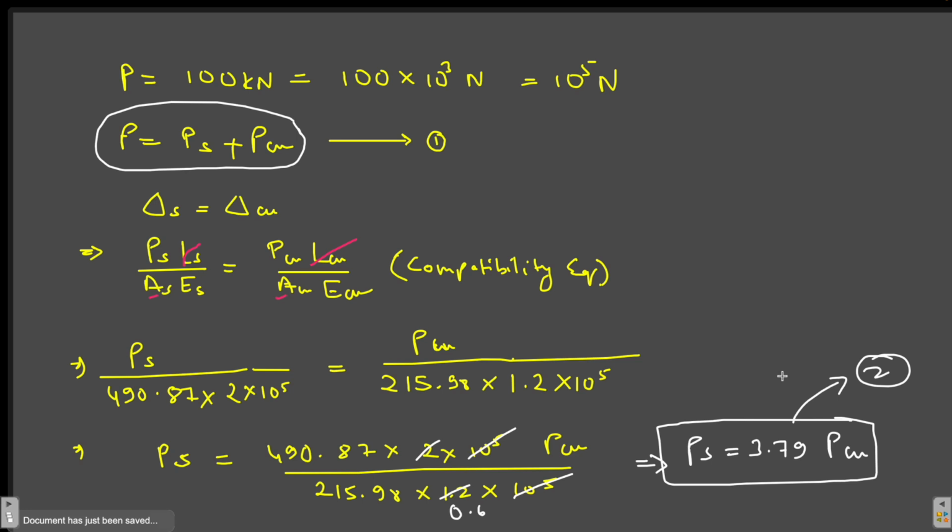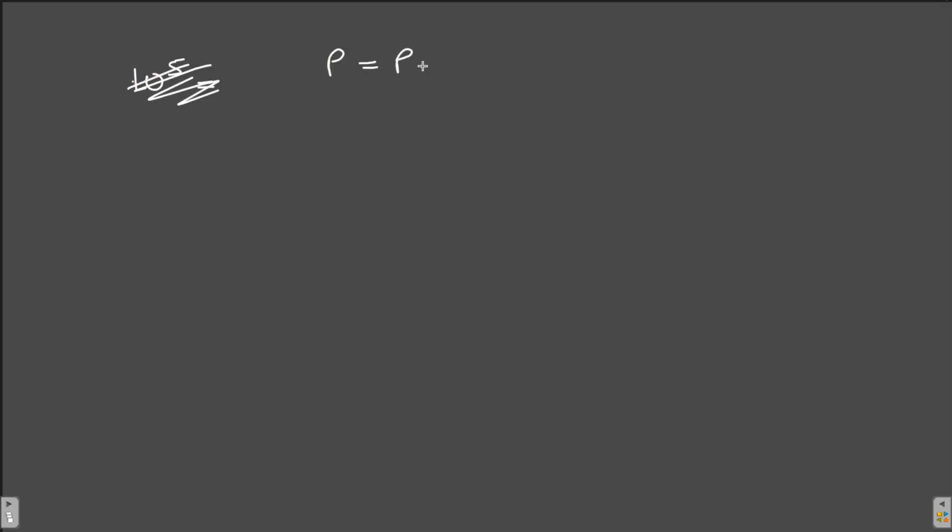Now let's put this equation number 2 in equation number 1, and we'll find out how much load each one is carrying, right? Now we know how much is the total load. Total load is 10 to the power 5 newtons. Total load is equals to total load in steel plus total load in copper. What is the load in steel?